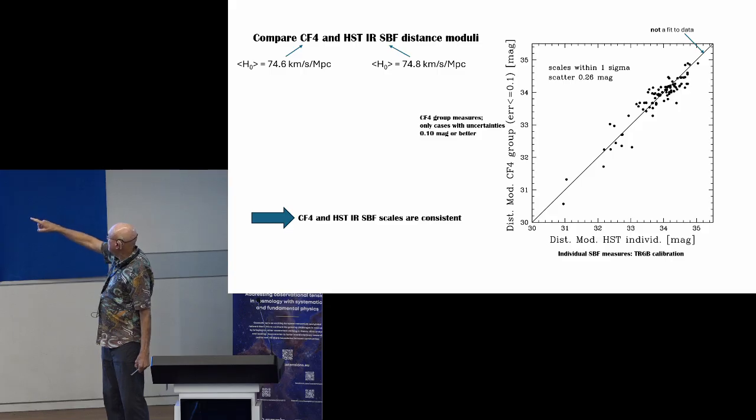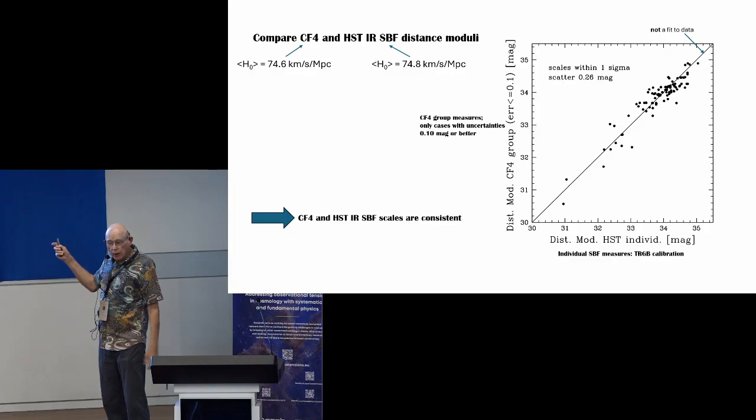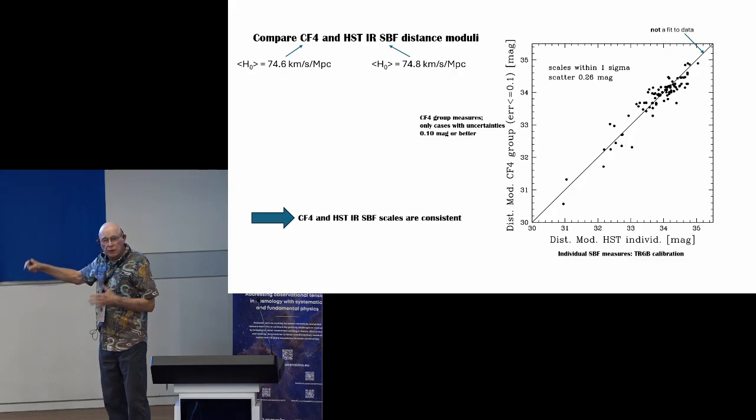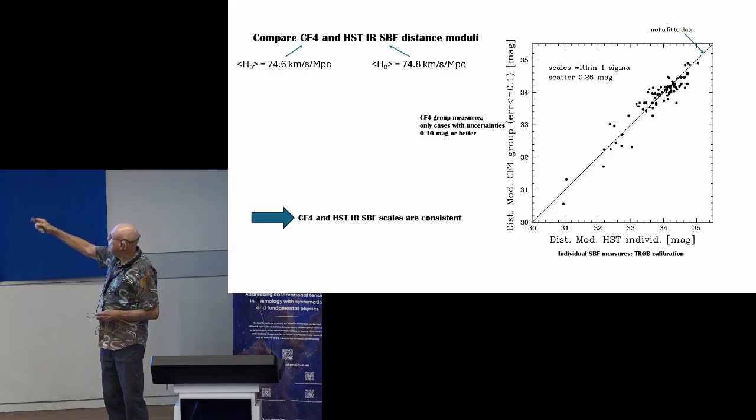And you can see that the fit is very good. In other words, what I'm showing here is that there's good consistency between the HST surface brightness fluctuations and distances in the Cosmicflows-4 catalog.